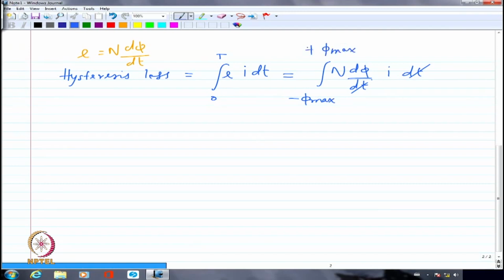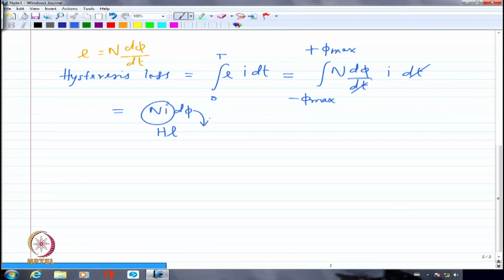If I write it for the entire flux, if I plot flux versus I, rather than plotting B versus H, then I can simply write this as Ni d phi. So I can replace this Ni by HL.